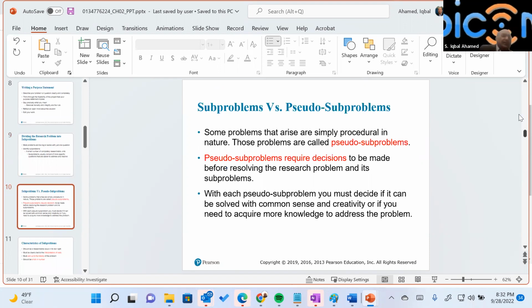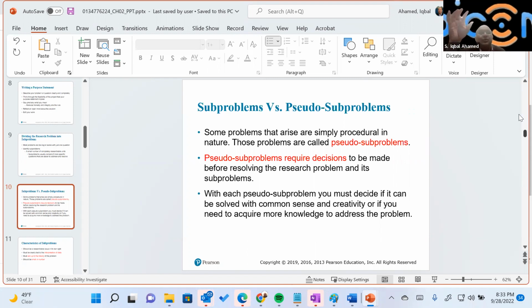Another term I'd like to introduce is the pseudo sub problem. A sub problem is very precise and concise about what you are trying to solve. But when you are working in some area, some things come up naturally that do not have a clear, concise description.